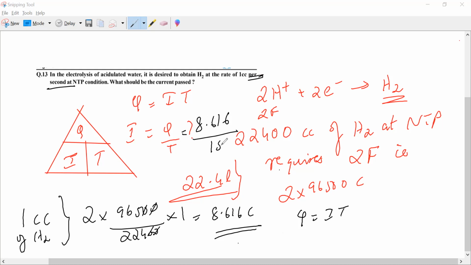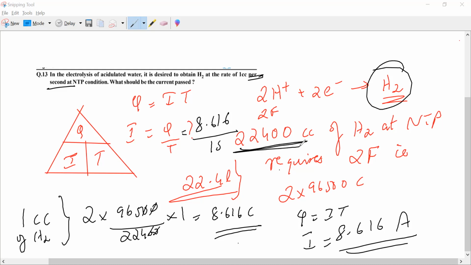I is equal to 8.616 amps. Current unit is ampere. Voltage is volt. You can put capital A. So here we have to know the reaction, how to get this hydrogen, and also this is one more requirement for this question.